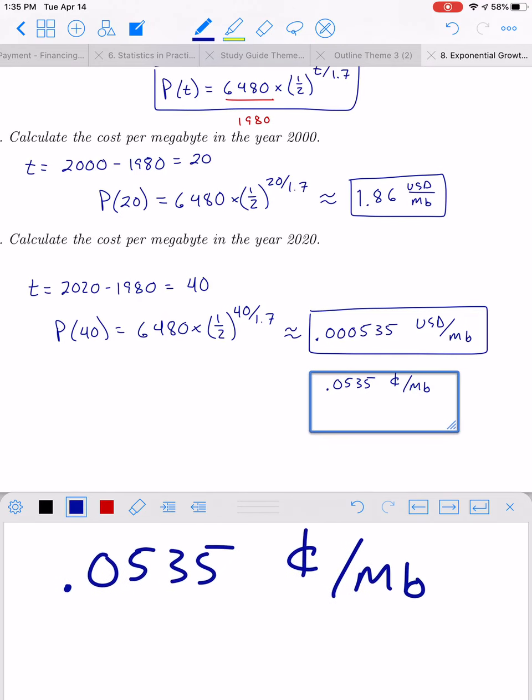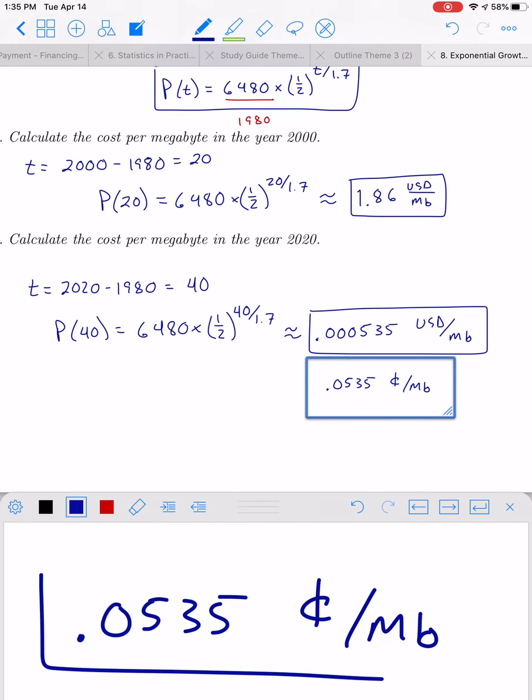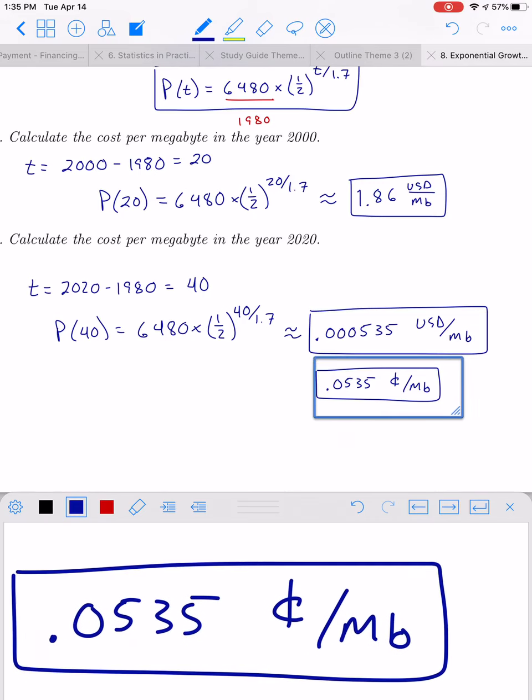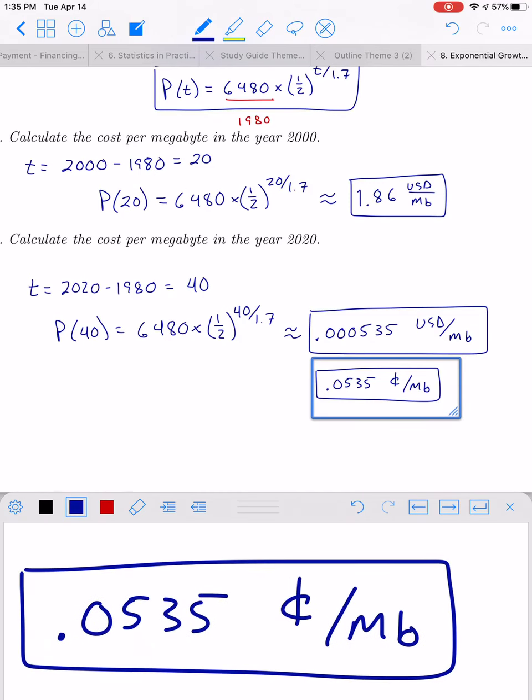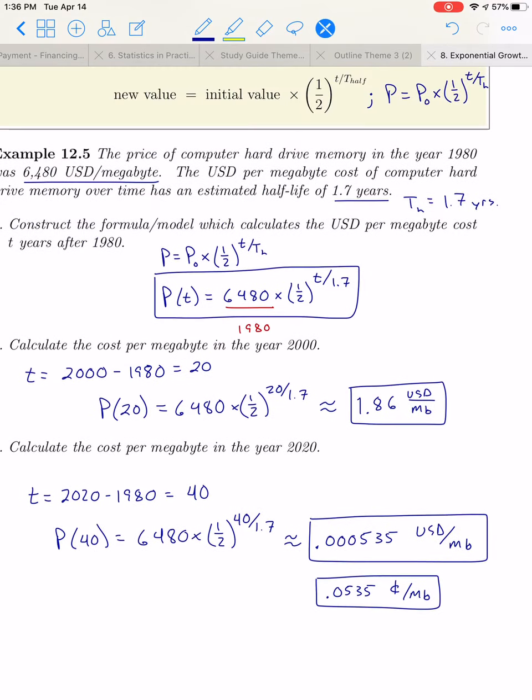And while that's accurate, it still is a little deceiving. That's not 5 cents. That's 0.05 cents. That's less than 1 cent per megabyte, just to keep track of the units. So it's wildly smaller, wildly cheaper than even in the year 2000. It's not even a penny for a megabyte. So two different ways of interpreting that answer.